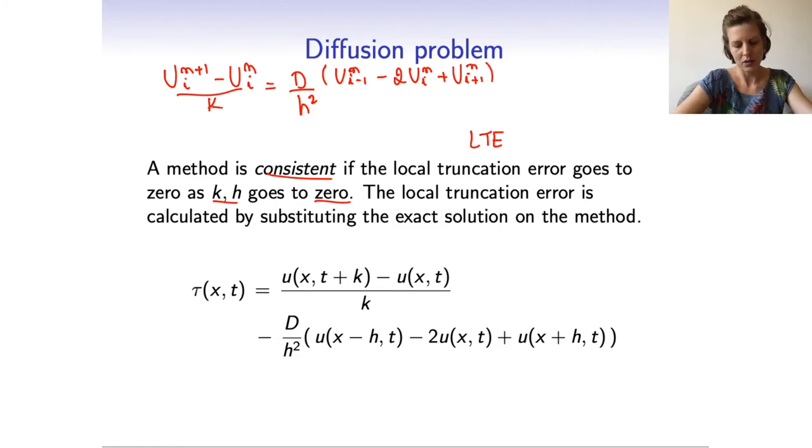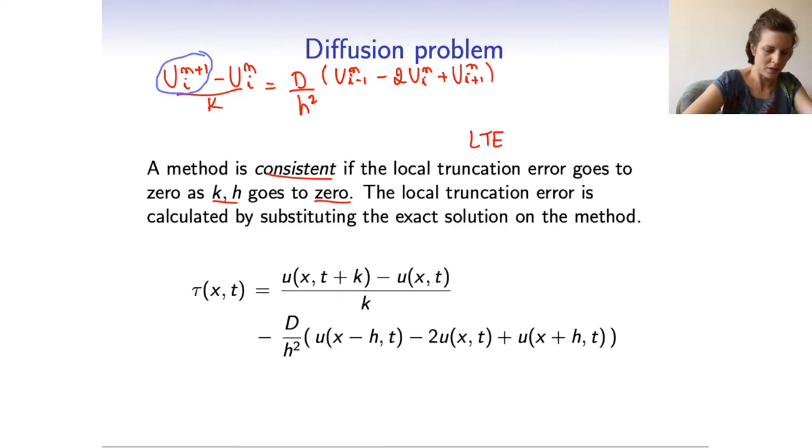And so now, this notation here, for example, denotes the approximation of our solution at the point xi and time tn plus 1. Okay.